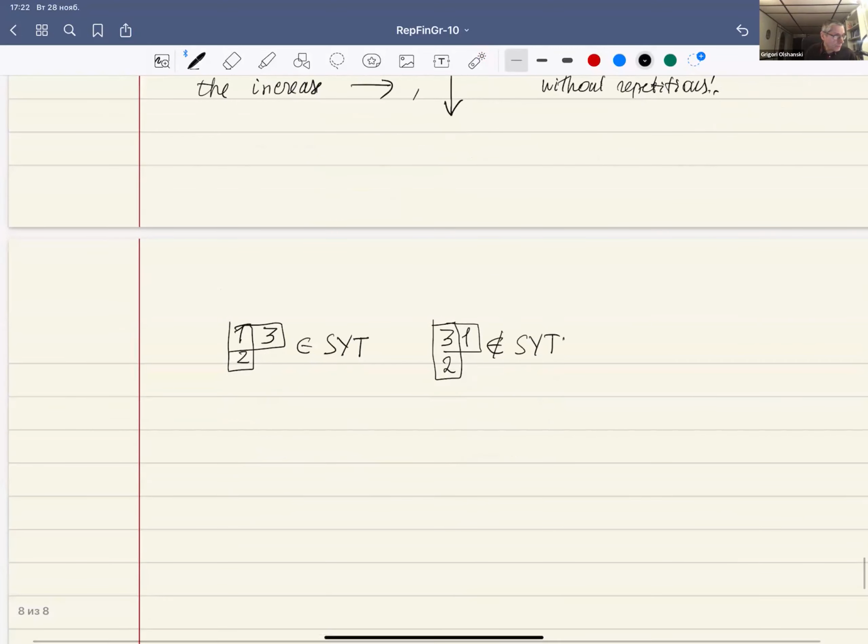So how to prove this? The claim is as follows. To prove that this quantity is positive, I will show a stronger claim, namely it is equal to this quantity. And how to show this?